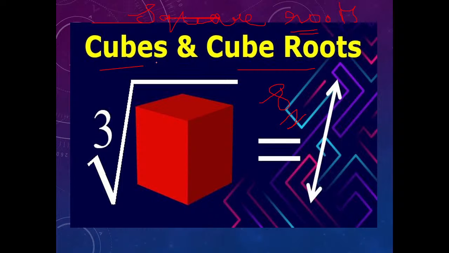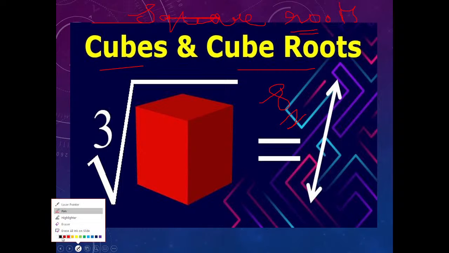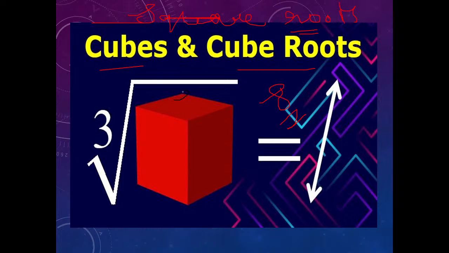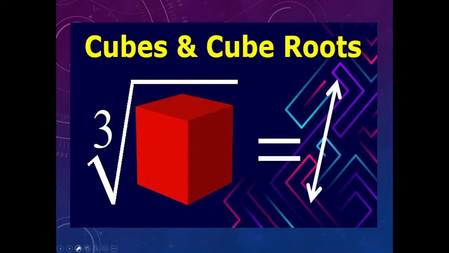So what do you think the difference is between squares and cube roots? Let me tell you. In squares, you're multiplying the same number two times.